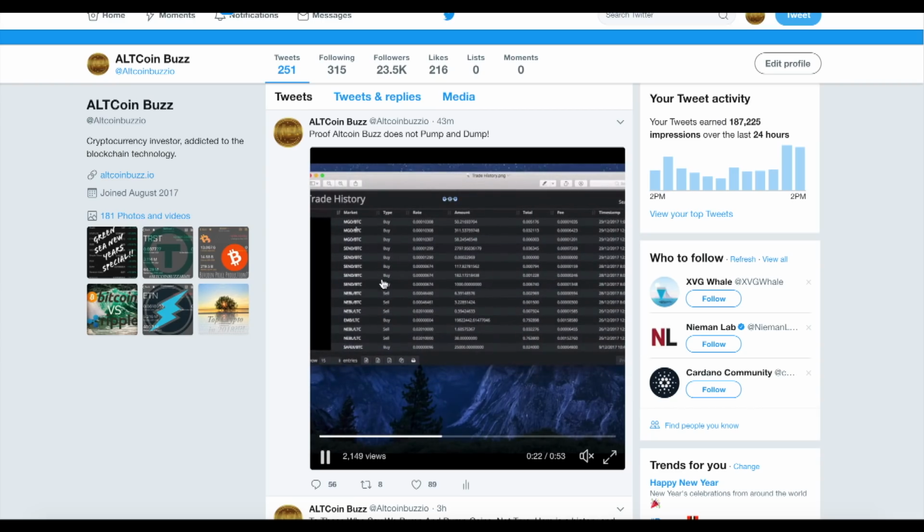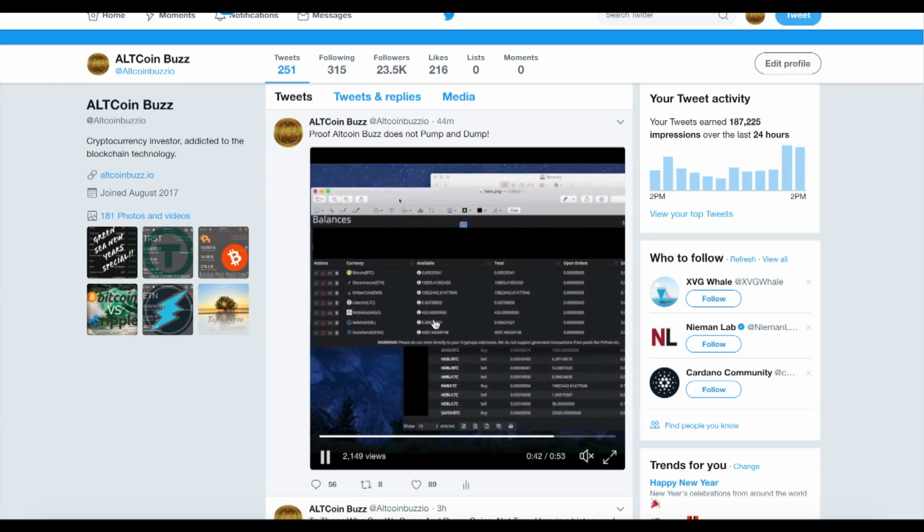This is where Embercoin is kept. I showed that I still have my SocialSend and my Embercoin right there. And you can see I only sold Neblio. What I did was sell my Neblio to get Embercoin, and then I sold more Neblio to get SocialSend. And you can see here are my up-to-date balances.